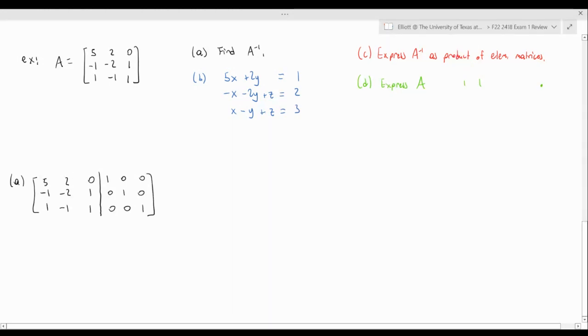Okay. Now we're just going to do a bunch of row operations. We need to get the left side reduced to an identity matrix. So to do that, I'm going to start by swapping rows 1 and 3, okay? Because that's going to give us a pivot, or 1 as a pivot in this position, which is going to be easier to use for the elimination.